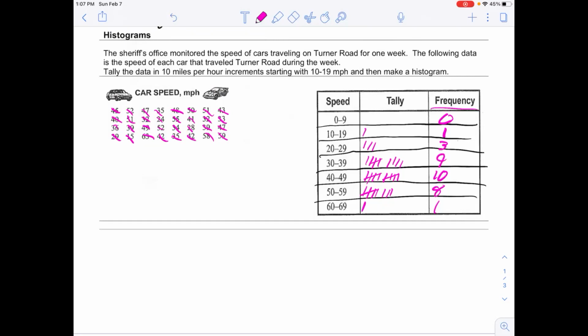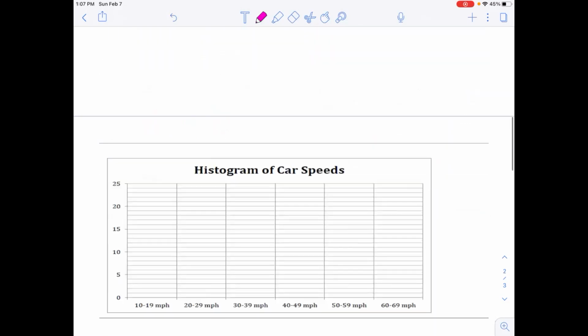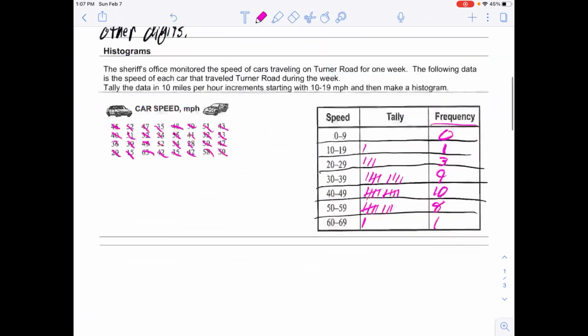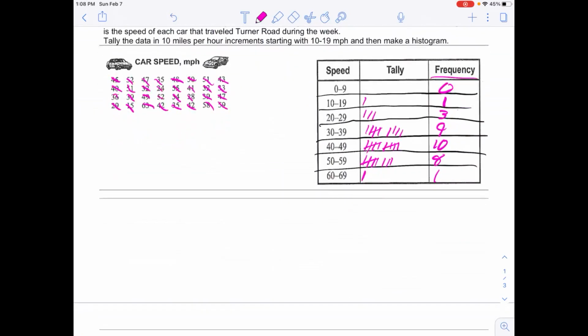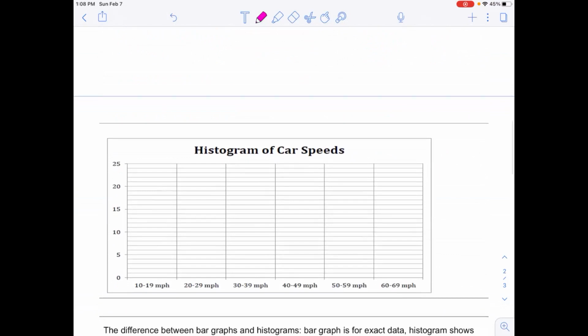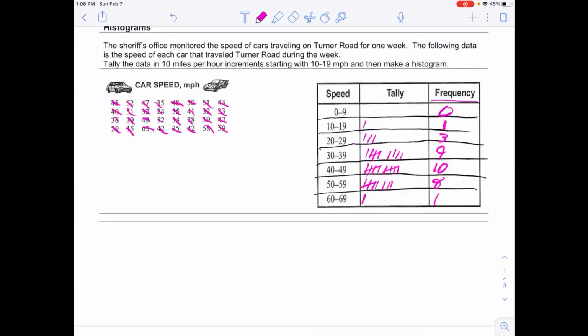So now that I know the frequency that each speed happened in these increments, I'm going to make a histogram. So for my histogram, each bar is going to be the height of the frequency. So let's look down here. I don't have a spot for the 0 to 9 because I didn't have any cars in the 0 to 9.